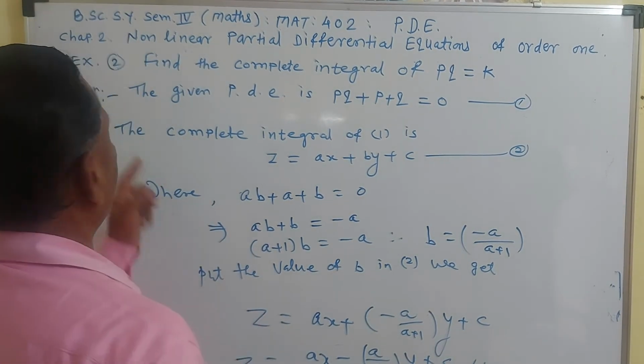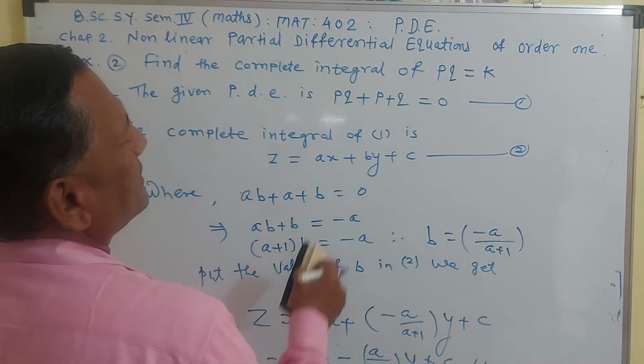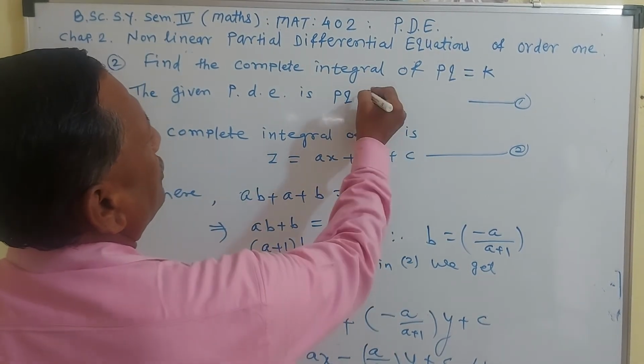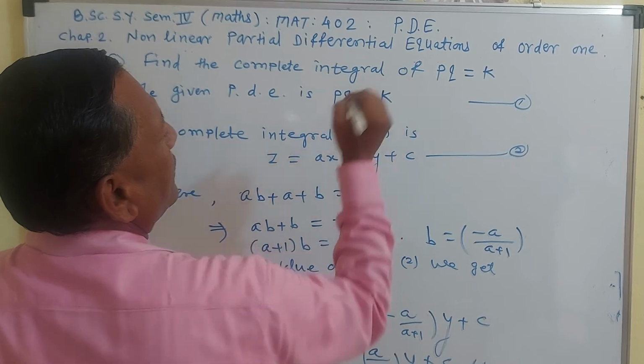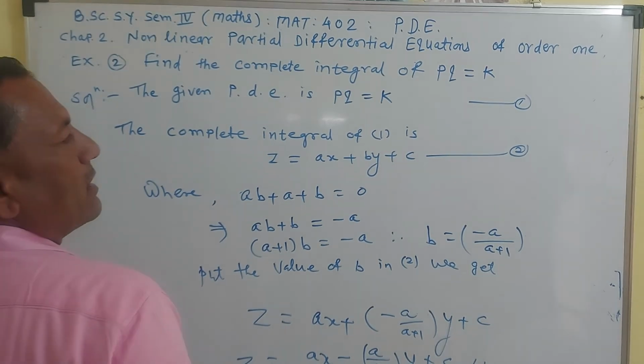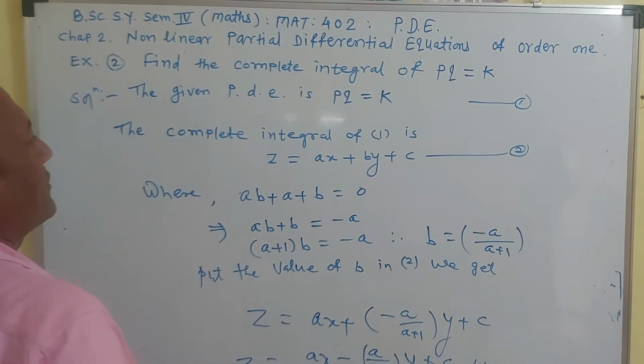So, solution. The given partial differential equation is pq is equal to k. Again, this is of the type f of pq is equal to 0, where x, y, z are absent.